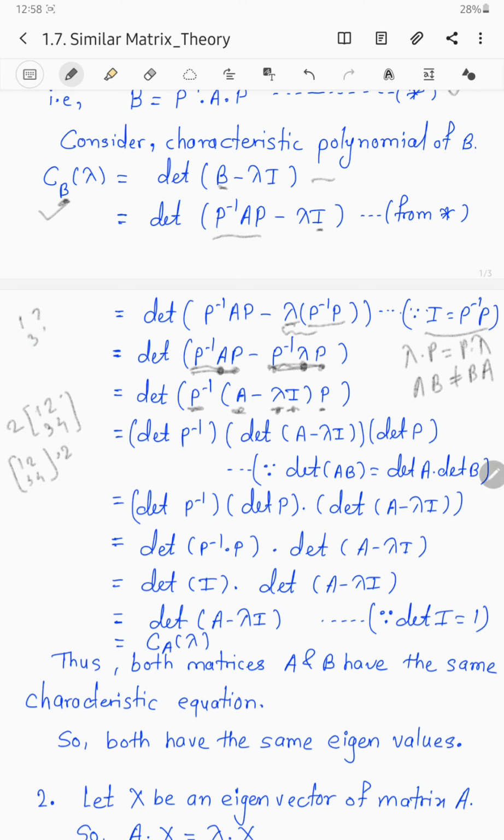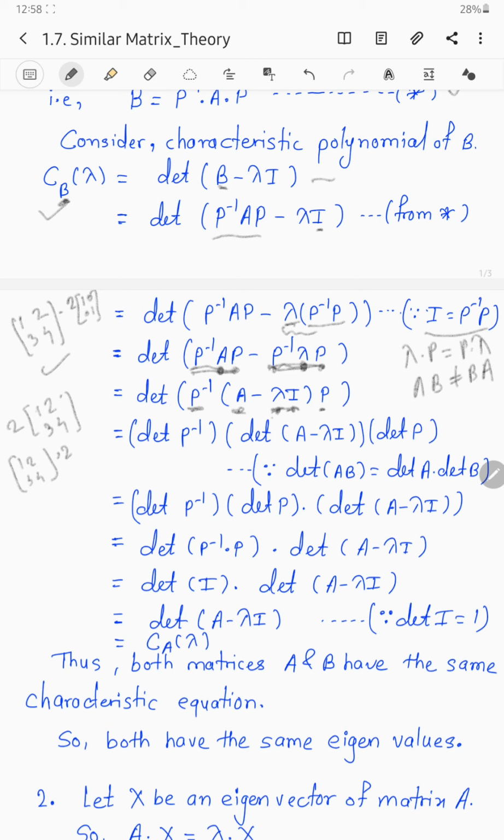Look, 1, 2, 3, 4 is a matrix, and suppose there is some value 2. Now this subtraction is not possible. So to make this subtraction possible, what do we do? We multiply this 2 by the identity matrix 1, 0, 0, 1. Now this subtraction is possible. So I write down here lambda I.